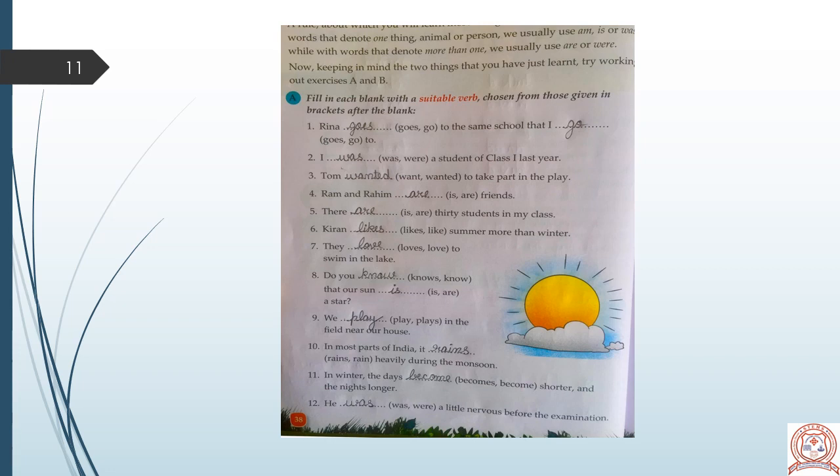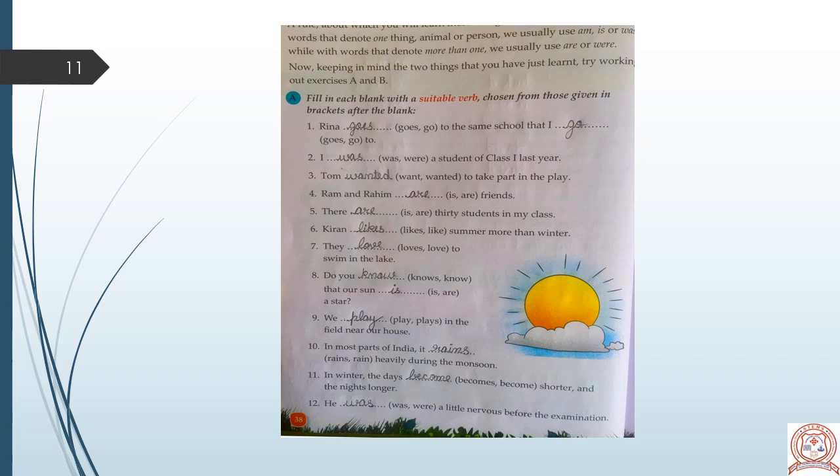Now the next blank: I dash a student of class first last year. I was a student. So it will be was, not were.